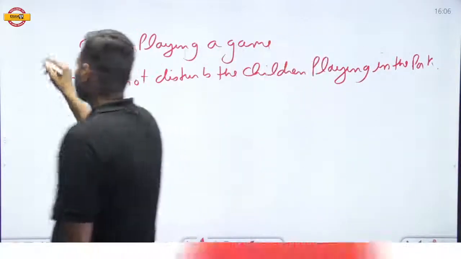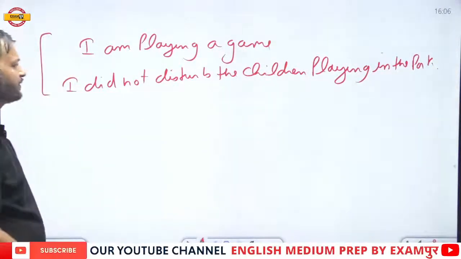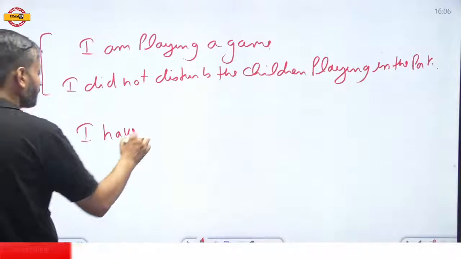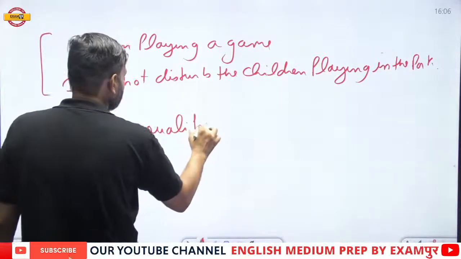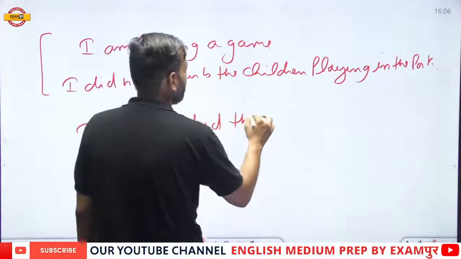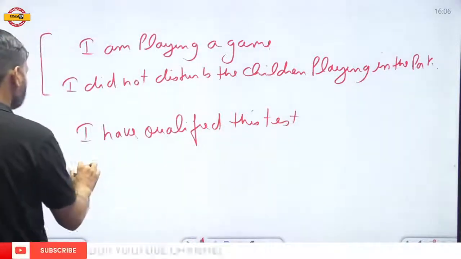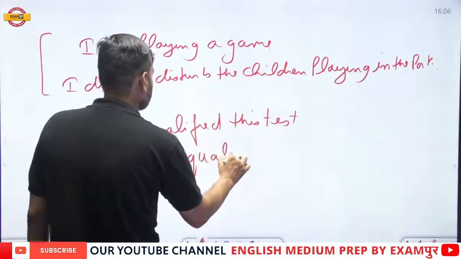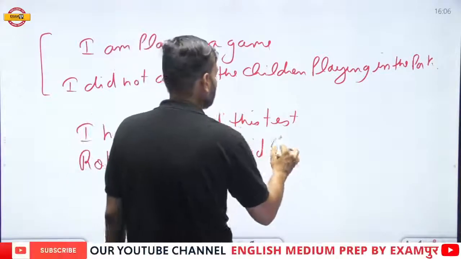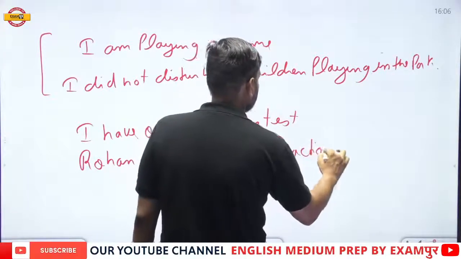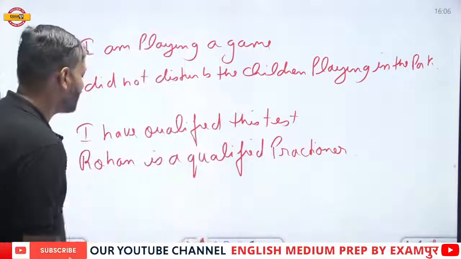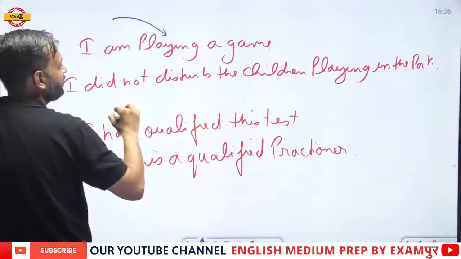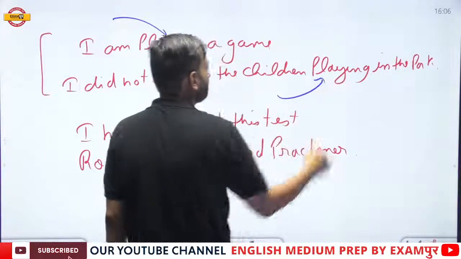Two more examples: I have qualified this test. One more sentence: Rohan is a qualified practitioner. As you can see, in the first sentence we have the word playing, and in the second sentence also we have the word playing.